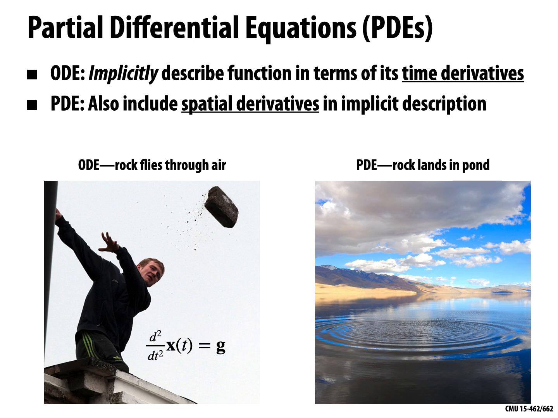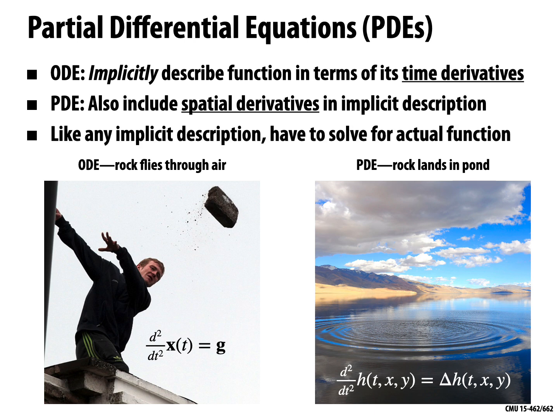And so the equation we might use to describe the height of these ripples at every point in space could look something like this: the second time derivative, the acceleration of this height, is equal to the Laplacian of the height, so the sum of the second derivatives in the x and the y direction. Okay? Again, this is an implicit description. We would have to actually go ahead and somehow solve this equation in order to see what the water is doing, and that's exactly what we want to do today.